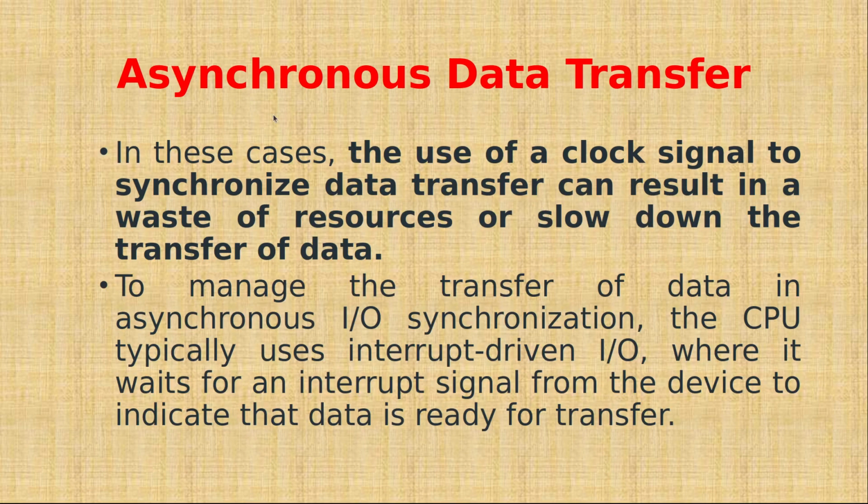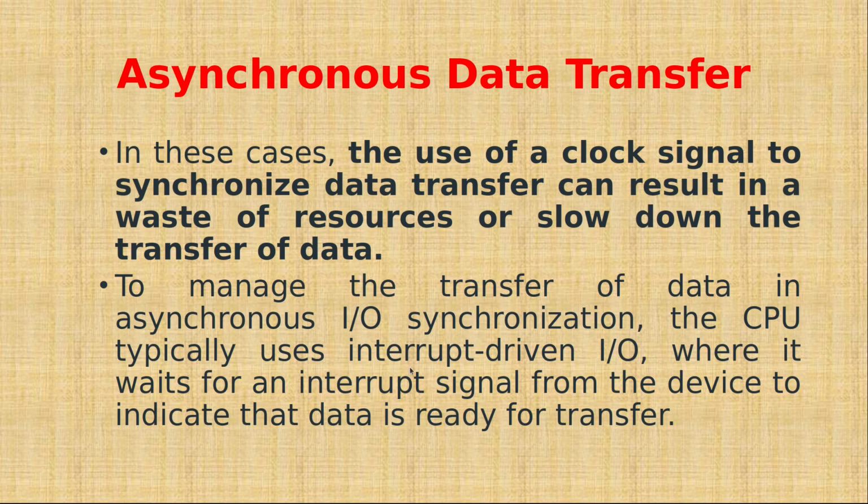The clock signal in synchronous data transfer can result in a waste of resources or slow down the data transfer. This belongs to synchronous data transfer. In asynchronous data transfer, the CPU typically uses interrupt driven input output.